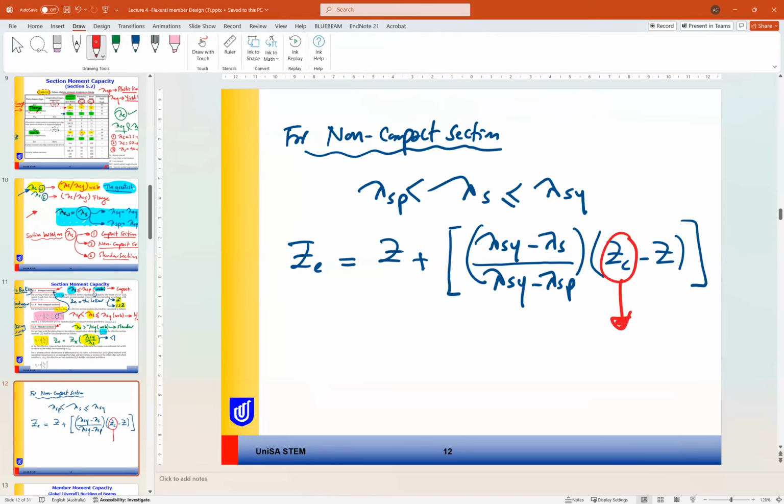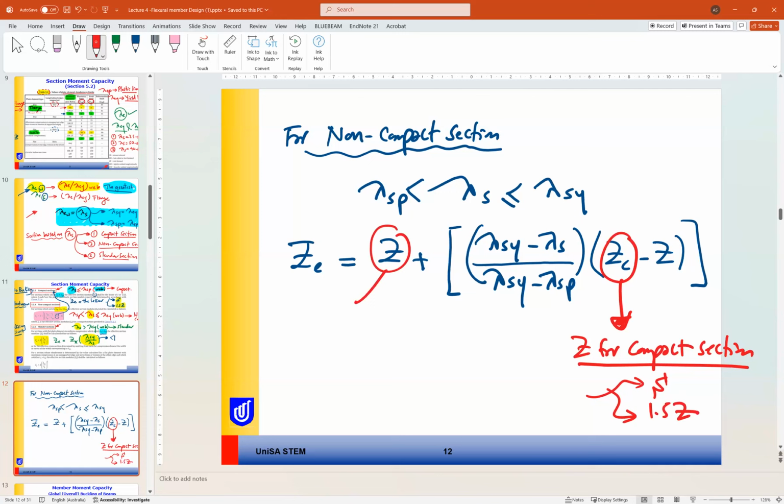Zc is Z for compact section, which is the lesser of S and 1.5 Z. Z is the section modulus from table ZX. Lambda s is the slenderness ratio we used for web or flange.